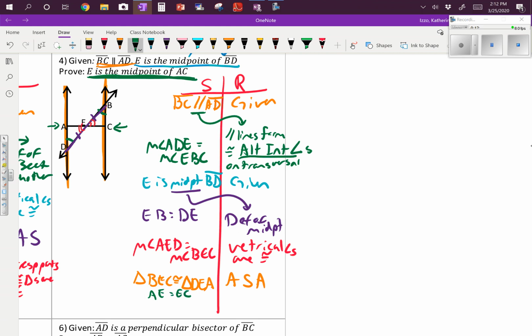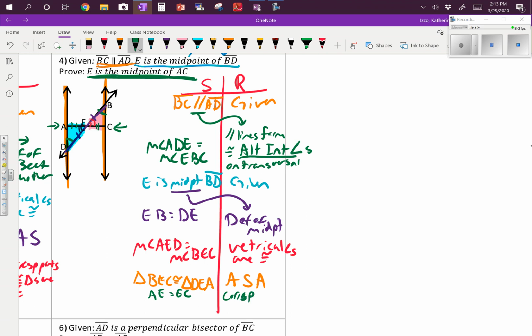And I know that because they're now in those two triangles. We've got the pink triangle right here, we've got the blue triangle right here. We have locked those into place. Those are now congruent. At which point I can say that AE and EC have to be equal.